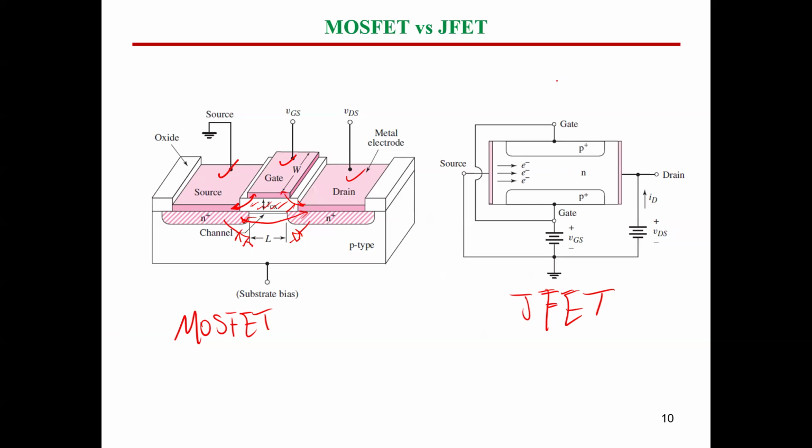There is no drain to source diode, like what we have in the case of MOSFET. We call it the body diode, so we don't have this body diode here in the JFET. This is just a quick comparison between JFET and MOSFET.